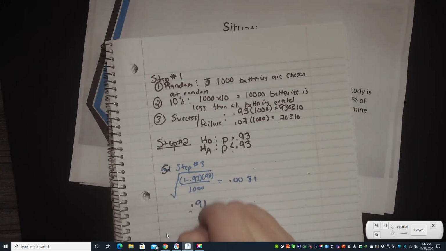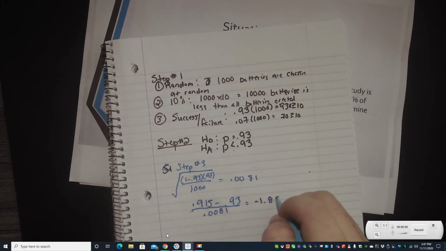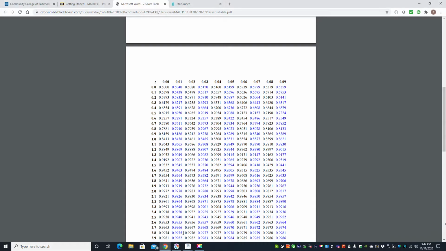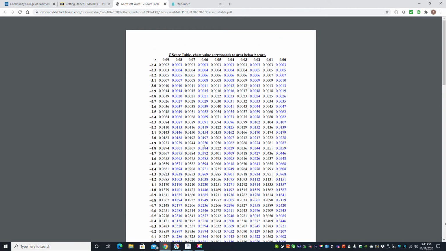So 0.915 minus 0.93 divided by 0.0081 gives me negative 1.85. And if I go to my z-score chart, negative 1.85 is 0.0322.